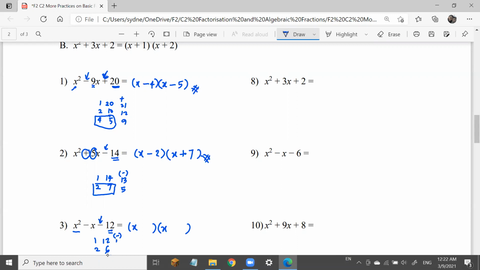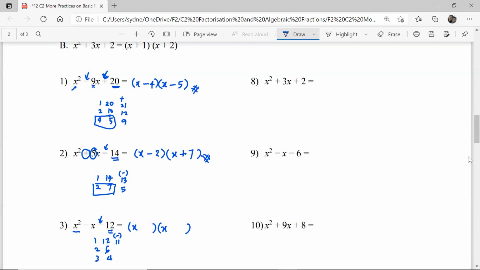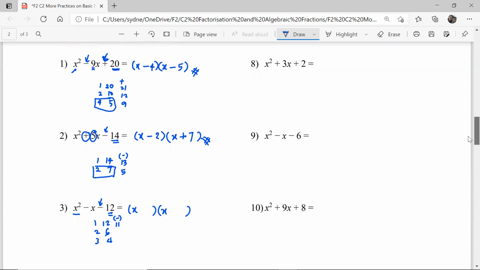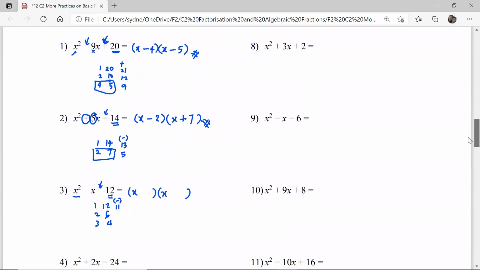So minus, we got 11 here, and then we have 2 and 6 after we minus here, it is 4, and then 3 and 4 is 1. Which one do we want? Look at this. It's 1x. So this is the factor that we want, 3 and 4. And we want negative. That means negative goes to the big number. Minus is because they are different sign. So make sure the sign must be different, yeah?